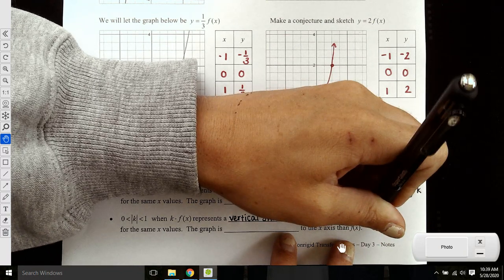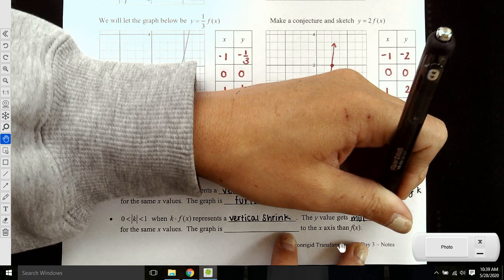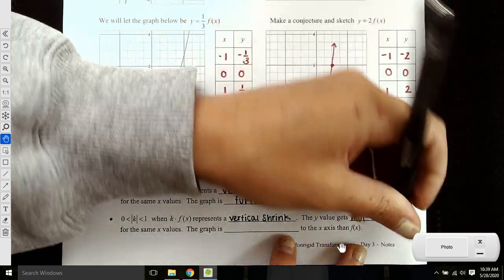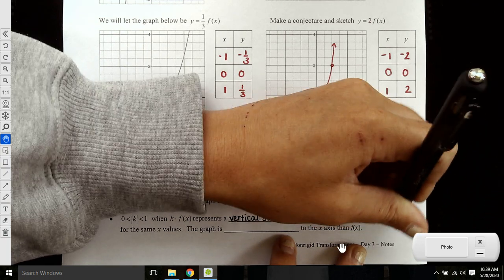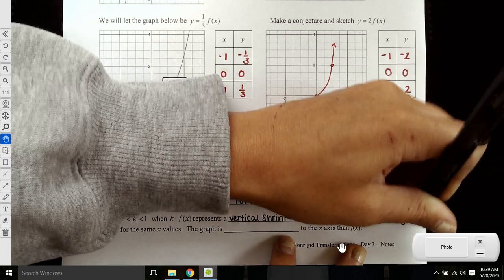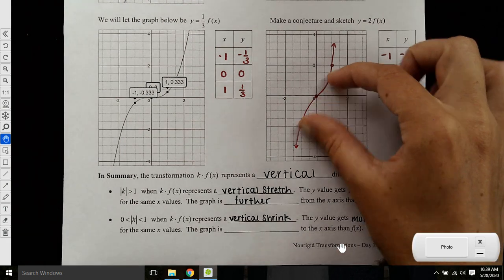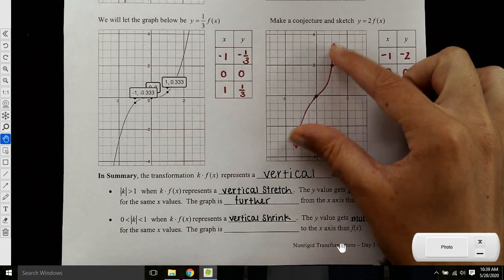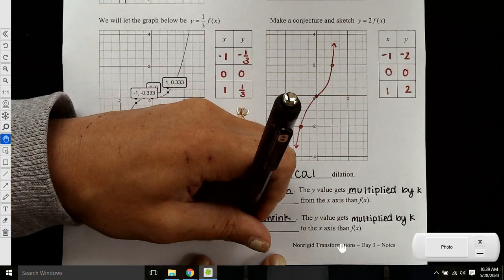It just depends on if it's going to get bigger or smaller. If it's getting bigger, you have a larger k value. Smaller, you have a smaller k value. And in this situation, notice this one is stretched away from the x-axis. This one is shrinking, so it's getting closer to the x-axis.